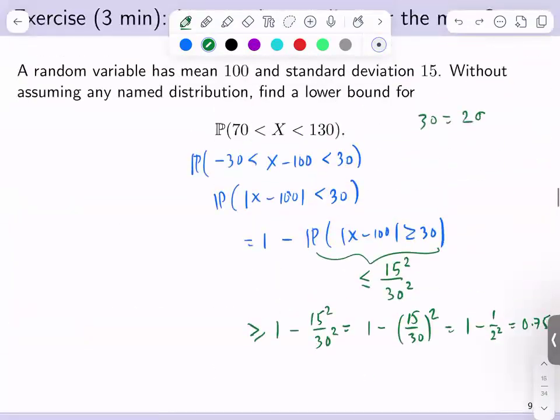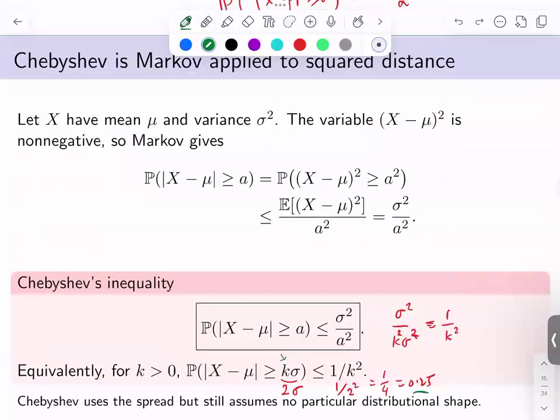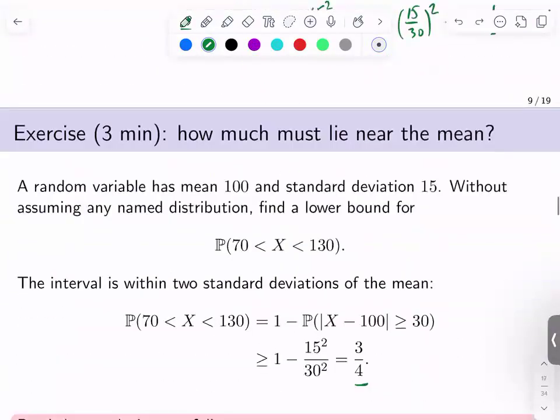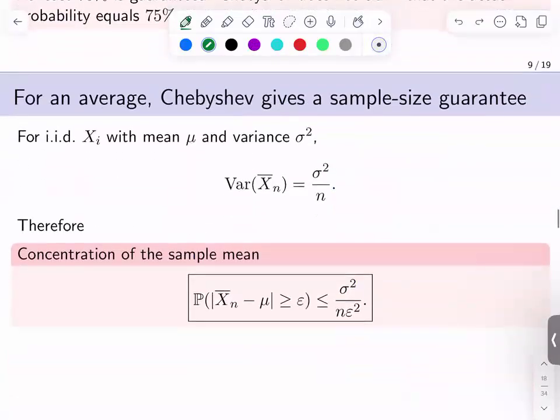So, any questions? You can use these to get crude estimates, and there are certain distributions for which this holds. If you don't want to make any assumptions, if I just give you the mean and the standard deviation, you can tell me lower bounds or upper bounds on these events. Does this conclude that there is a probability of at least that?